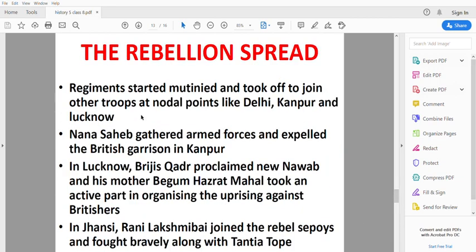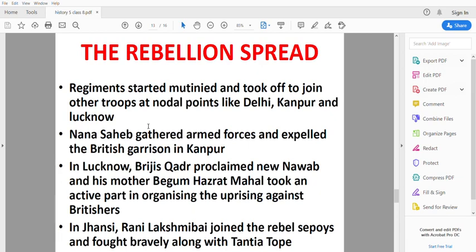The rebellion spread again to other places. The regiments started mutiny and took off to join other troops at nodal points like Delhi, Kanpur, and Lucknow. Mutiny means when the military goes against its authority. Nana Sahib gathered an armed force and expelled the British in Kanpur.